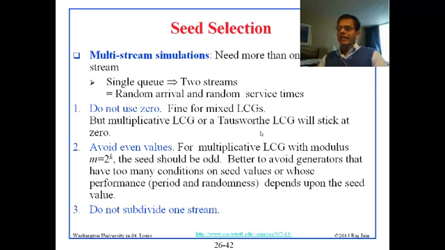If you took both from one stream, then each arrival number determines the service time, because each random number determines the next random number. So without knowing it, you are introducing dependence in your system that is not supposed to be there.